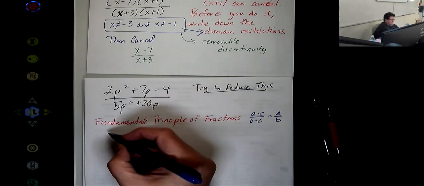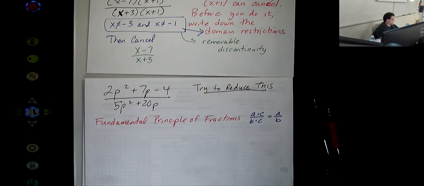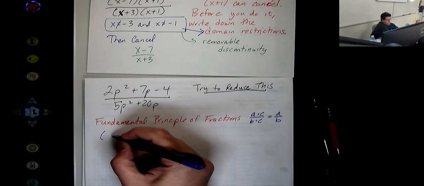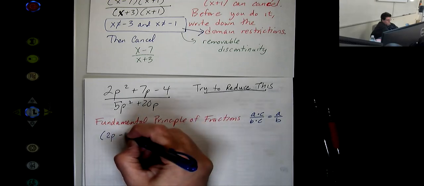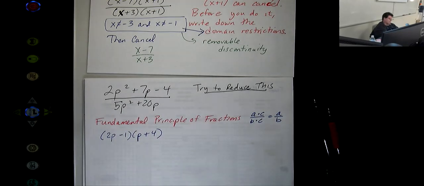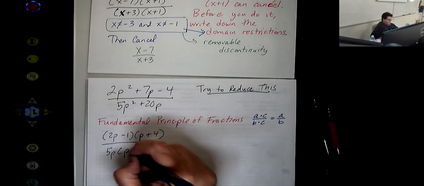So, what does the top factor as? That's the only way we could reduce this, if we factor it. I'm thinking you're going to come up with 2p minus 1 times p plus 4. I'm doing a guess and check method here. That looks right. In the bottom, you can take out a 5p and have p plus 4.